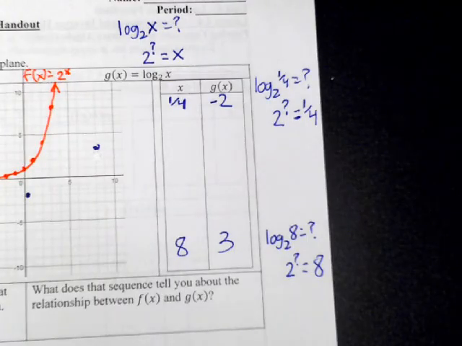This point doesn't quite work for (0, 0), because log base 2 of 0 would be asking 2 to what exponent equals 0, and we can see that when the base is 2, it never quite equals 0.